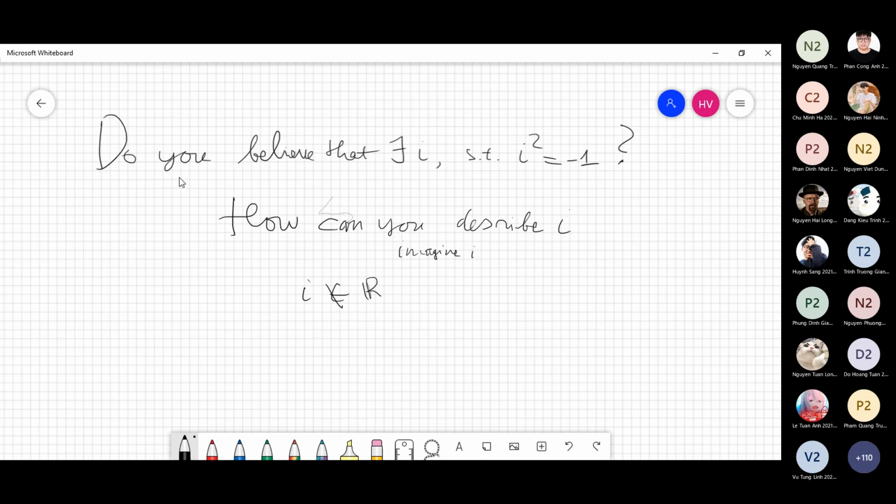So my purpose in the next section is to convince you that there is such an i, and I will show you how to construct it. If you already believe so, maybe you can leave the class.